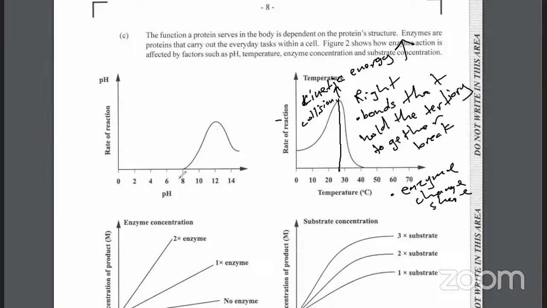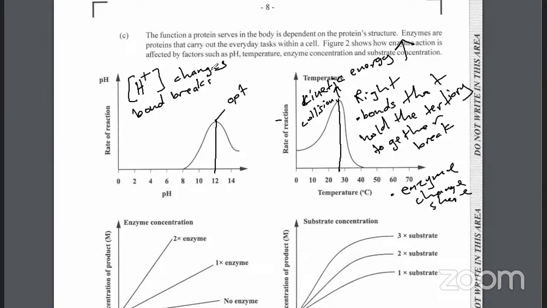Over here, as the pH is increasing, right? pH increases, rate increases, right? This is the optimum pH. Once you pass the optimum pH, the change in hydrogen ion concentration, so square bracket stands for concentration. So when hydrogen ion concentration changes, that causes bonds to break. Same type of bonds that hold the tertiary structure together, they start to break.